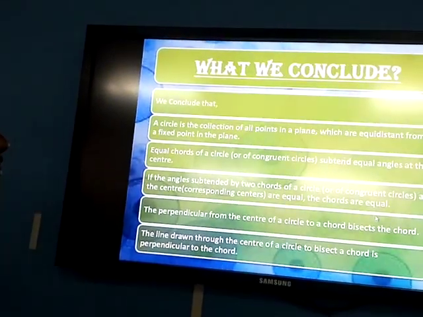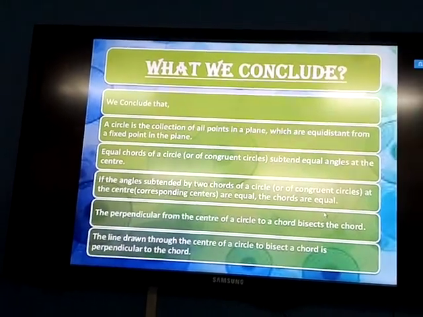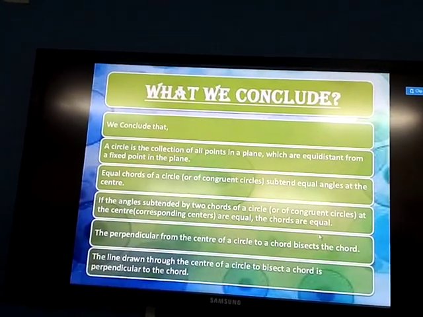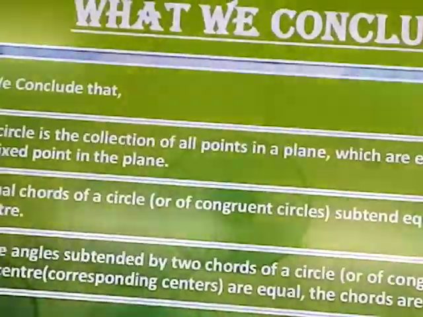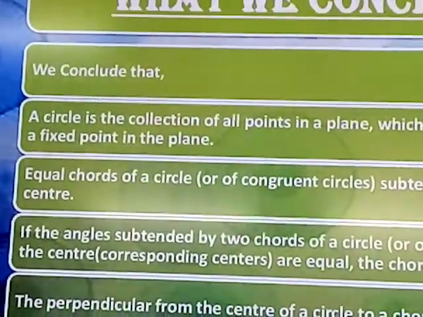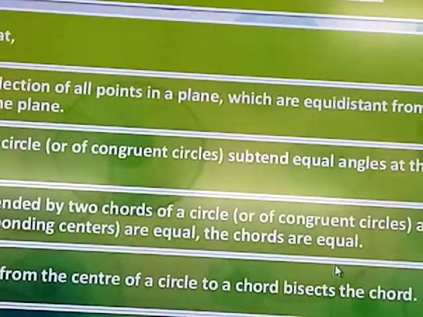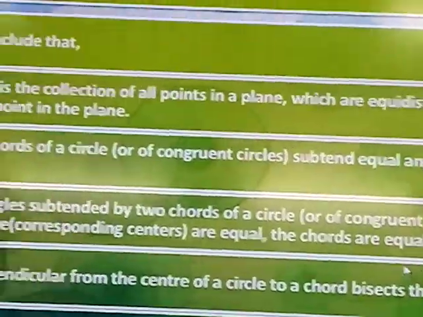What we conclude is, what have we learned? We conclude that a circle is the collection of all points in a plane which are equidistant from a fixed point in the plane. Second, equal chords of a circle or of congruent circles subtend equal angles at the center.